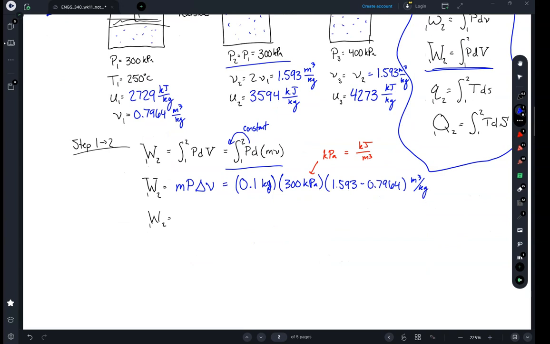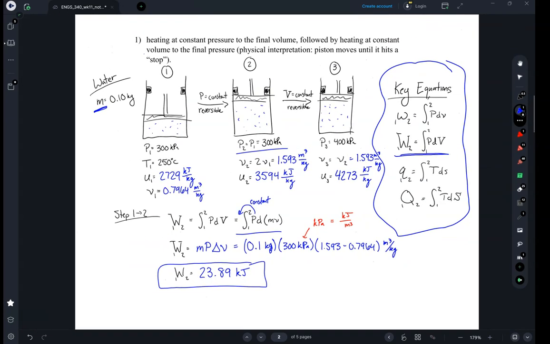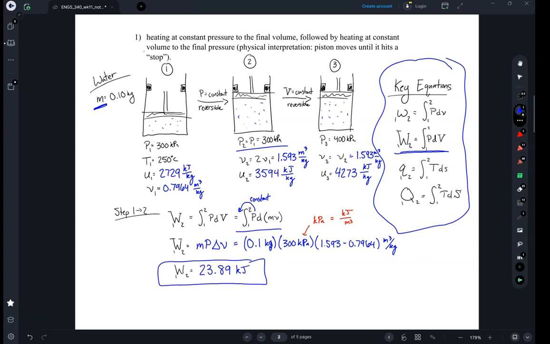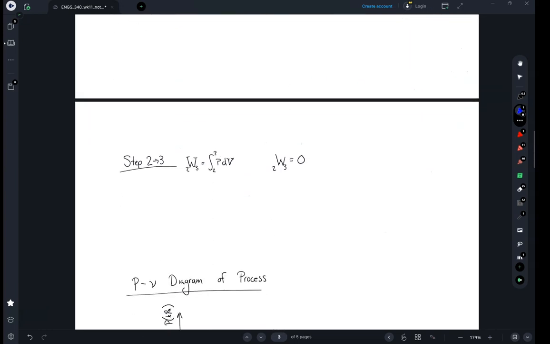Again, you might need to look that up. You probably do. But we can then do this math and find that this is 23.89 kilojoules. So that would be the work between what we're calling state 1 and state 2. That's why we have those little subscripts. We can now find the work between state 2 and 3. I'm going to do that on the next page.